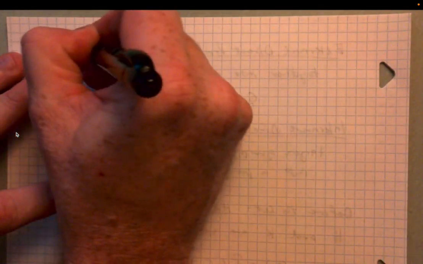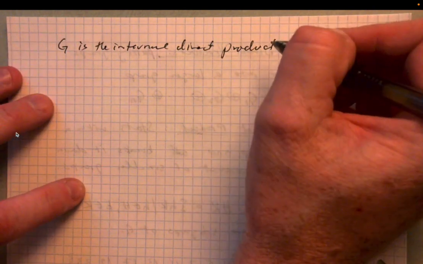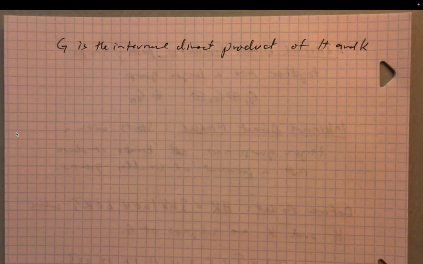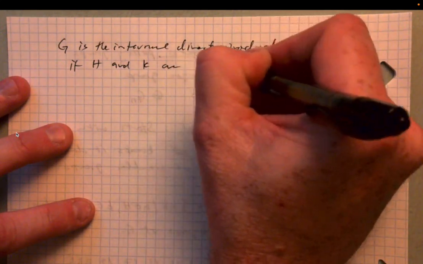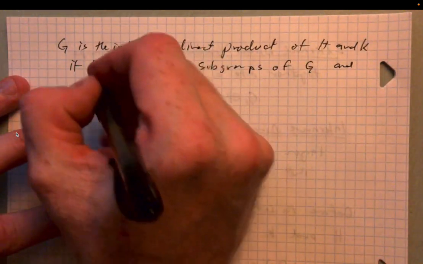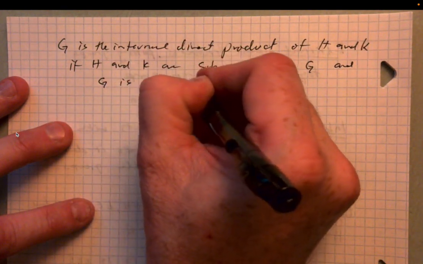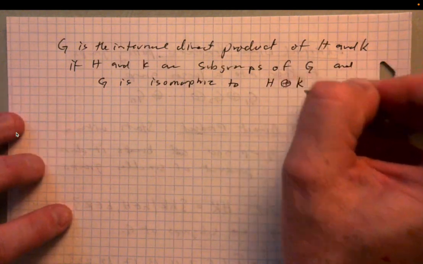G is the internal direct product of H and K if H and K are subgroups of G, and G has got to be isomorphic to what you would think of as the external direct product of H and K.